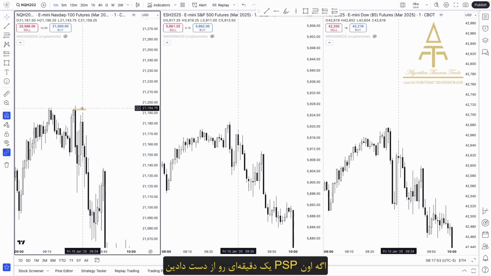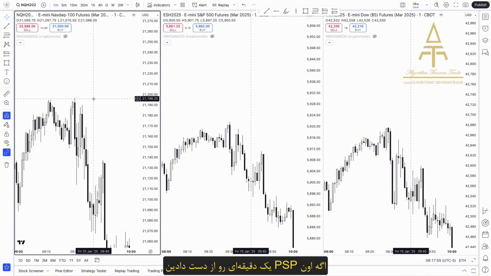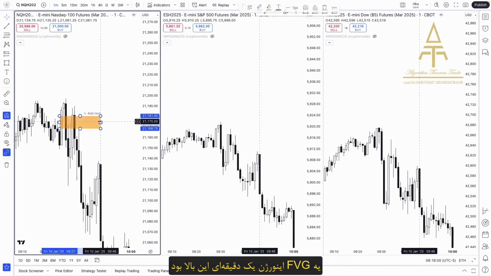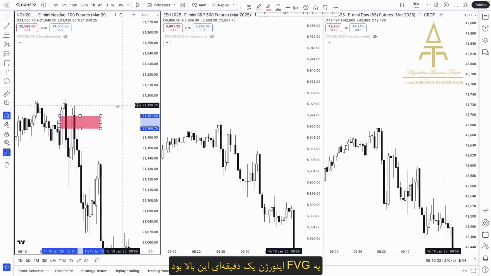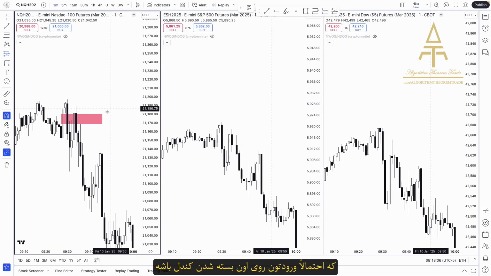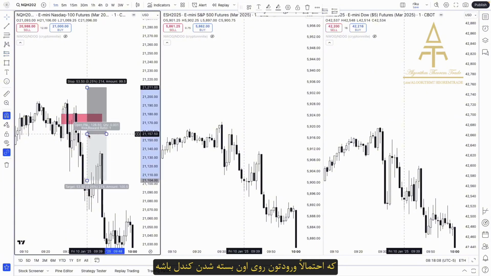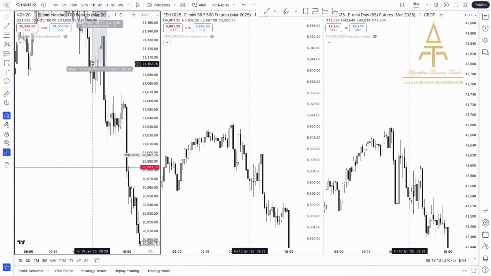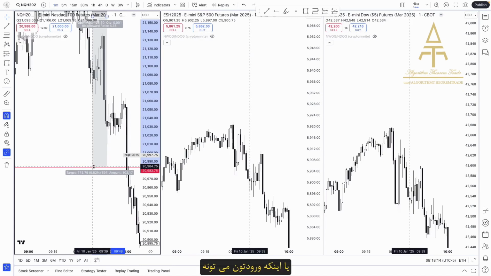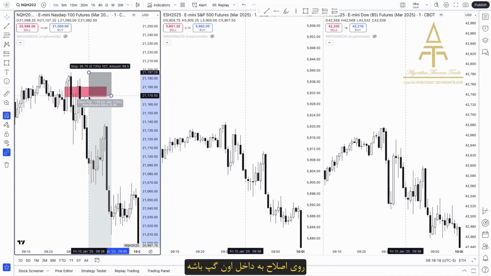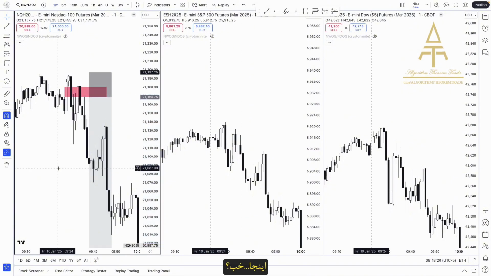If you miss this 1 minute PSP, there was a 1 minute inversion fair value gap here. So your entries may have been on the close with your stop above here, or it may have been the retracement back into the gap here.